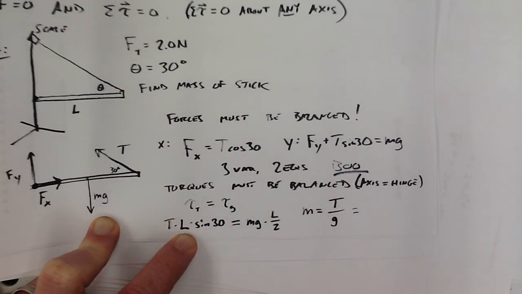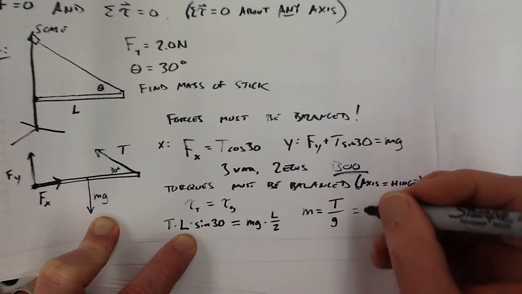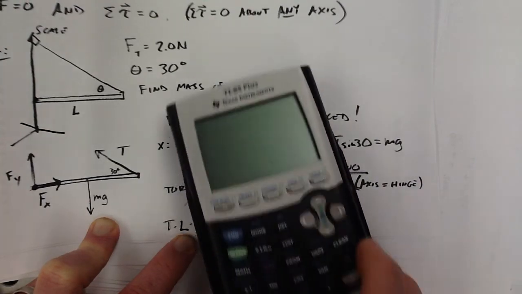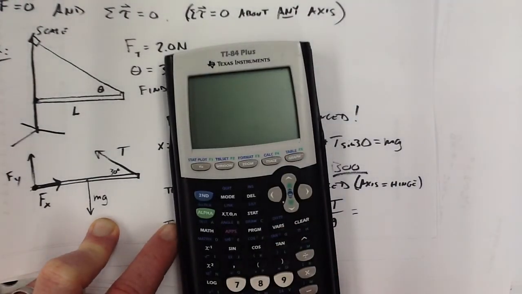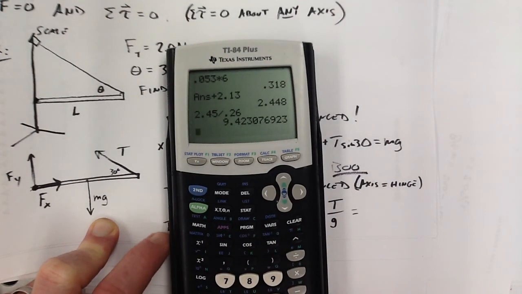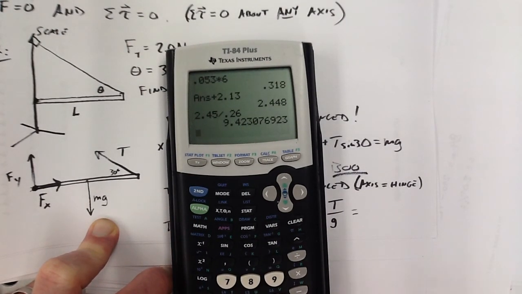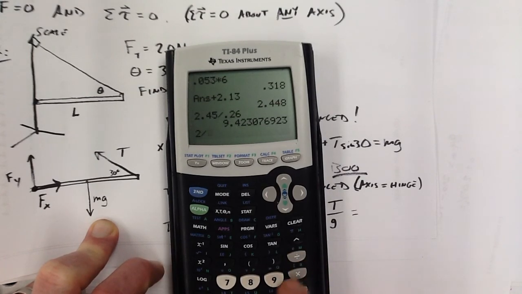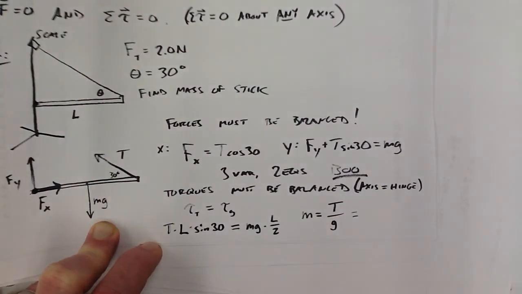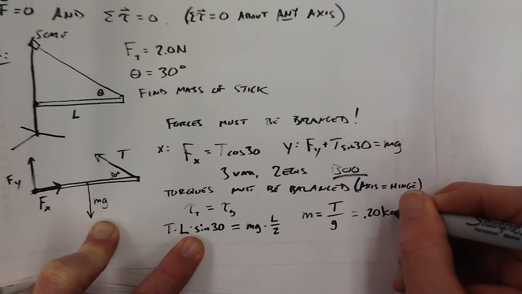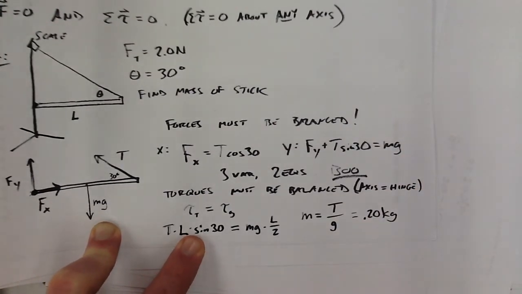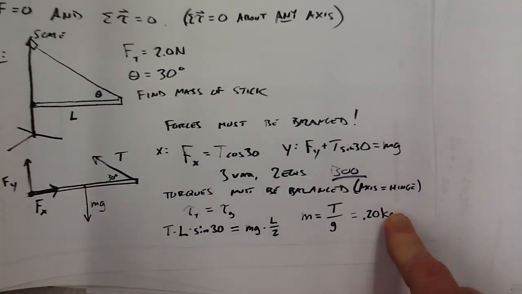It's that. So, what's that? About 0.49 or something? No. Hold on. 0.2-ish. 2 divided by 9.8. Right. That's how you do that.